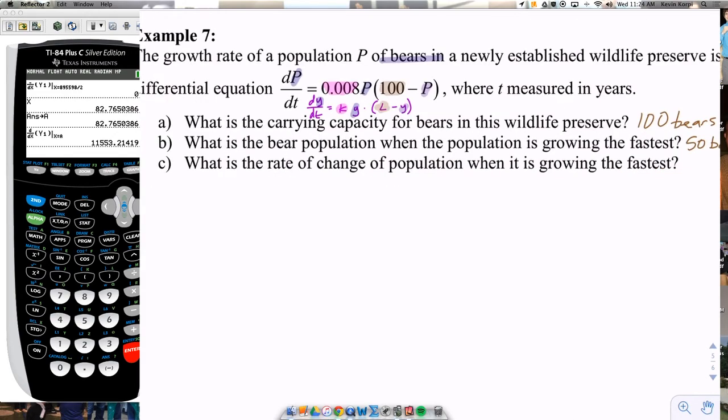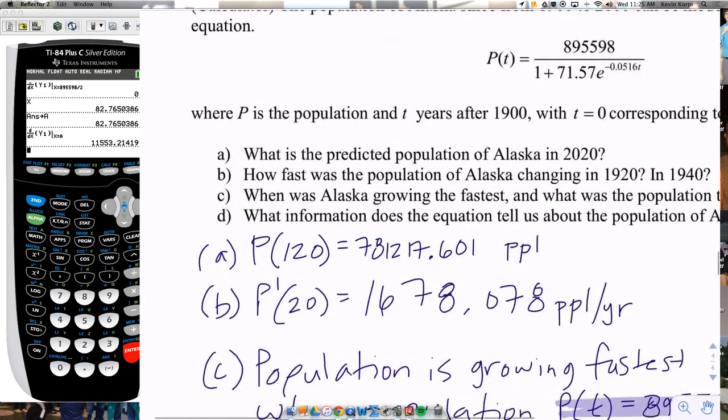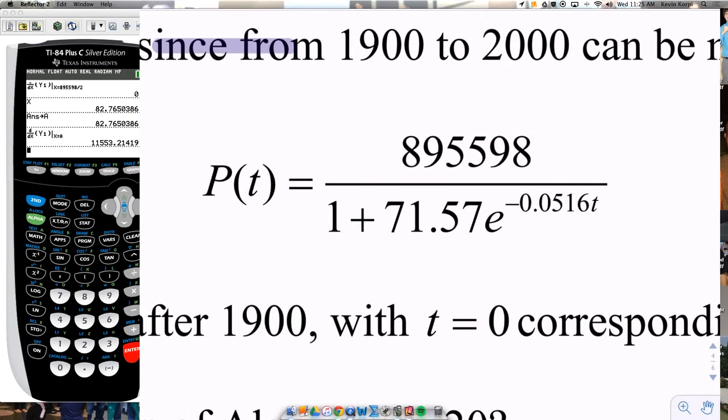All right. What is the rate of change of the population when the bear population is growing the fastest? Well, that's kind of what we just did. So we're trying to figure out dP/dt when P equals what? 50. Now, up here, we had the solution equation, and I had to set it equal to 50 to find the t value.